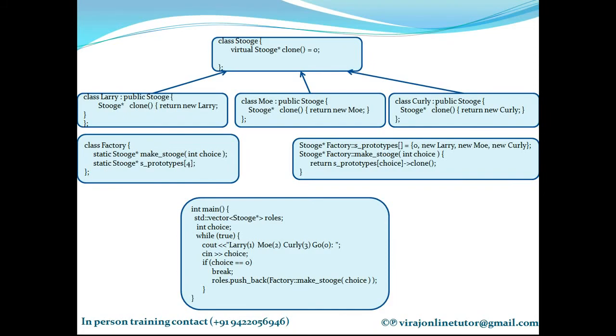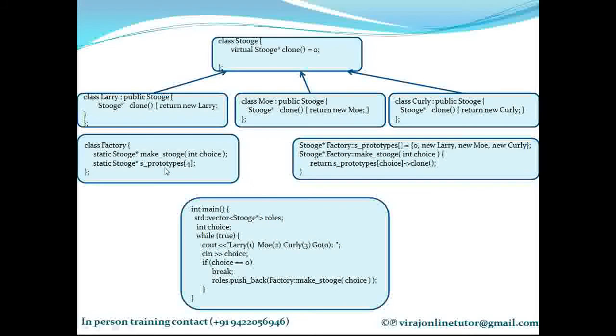It's the implementation wherein I am making my factory method a parameterized factory method. That means I'm passing a parameter from outside and letting this factory method have, inside its function definition, the logic of which object to create, which will totally depend on the value of the parameter that I get from outside. So in this make_stooge function, I get this choice from outside, and then what is it doing?